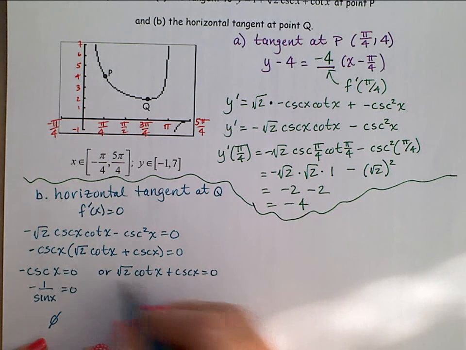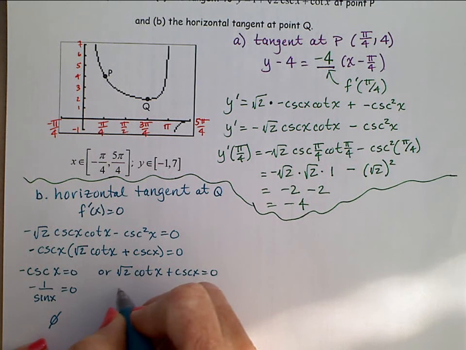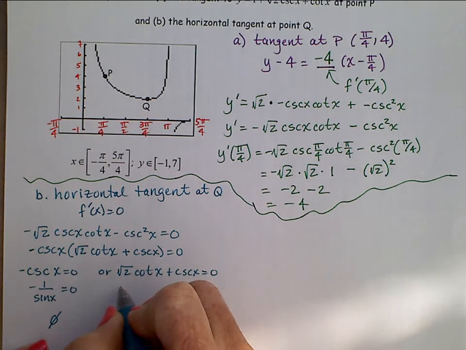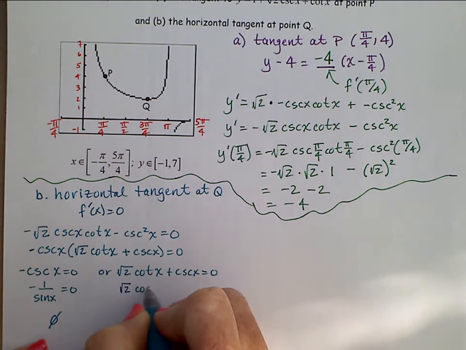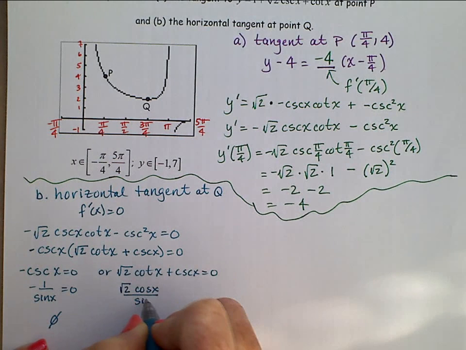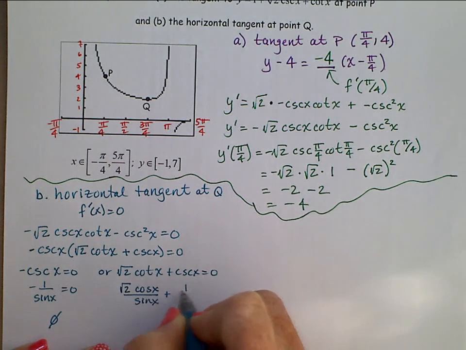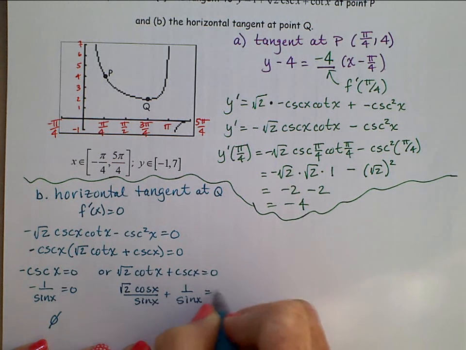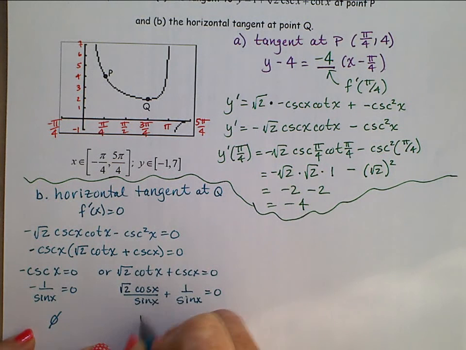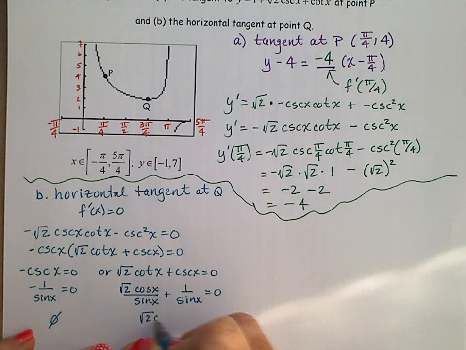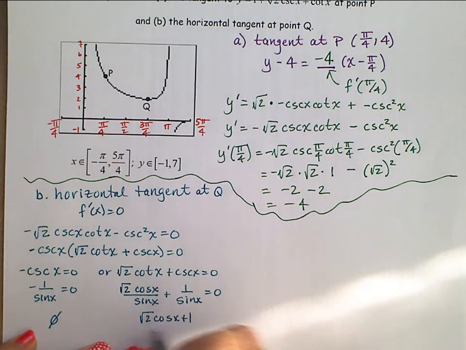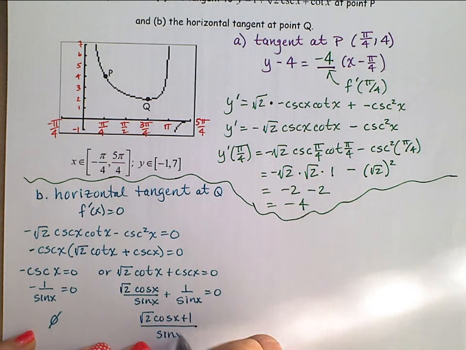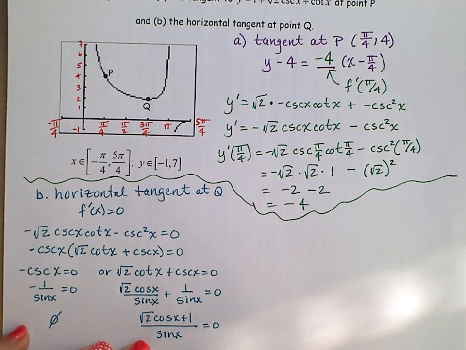This one over here, again, if we change everything into sines and cosines, we'll have square root 2 cosine x over sine x plus 1 over sine x equals 0. Combining these two fractions, and again, the only way a fraction can equal 0 is if the numerator is equal to 0.